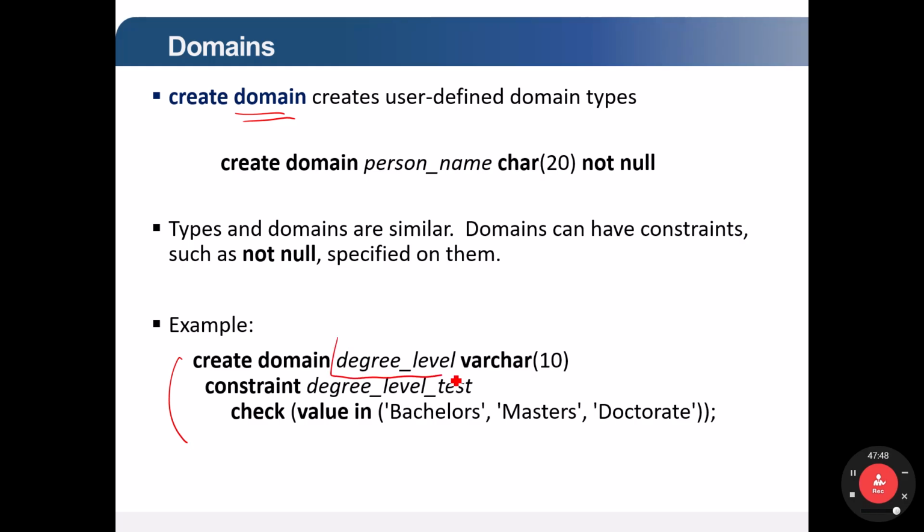Here we are creating a new data type named degree level, and it is actually a virtual type. But in addition to this data type, this domain allows you to specify some constraint, and the constraint can have a name. So the user-defined constraint name is called degree level test in this example.